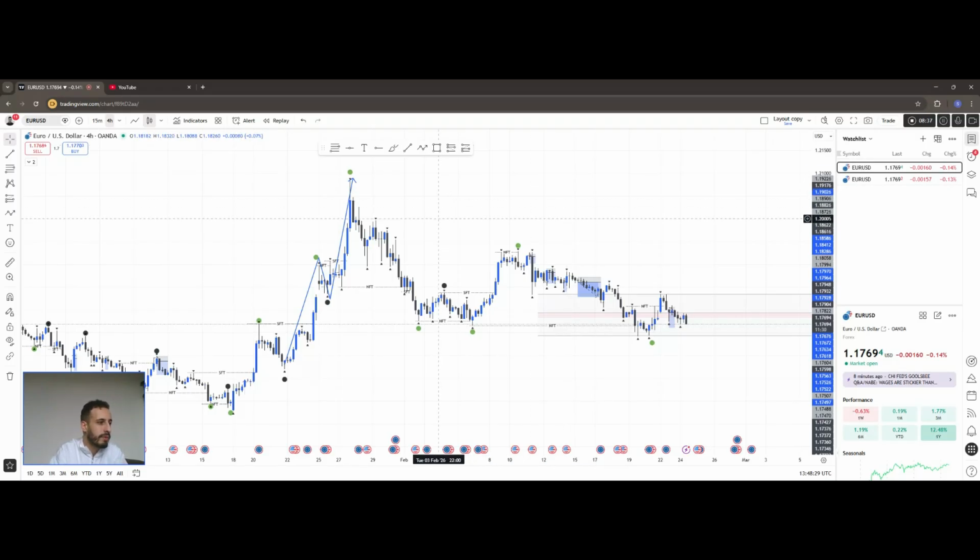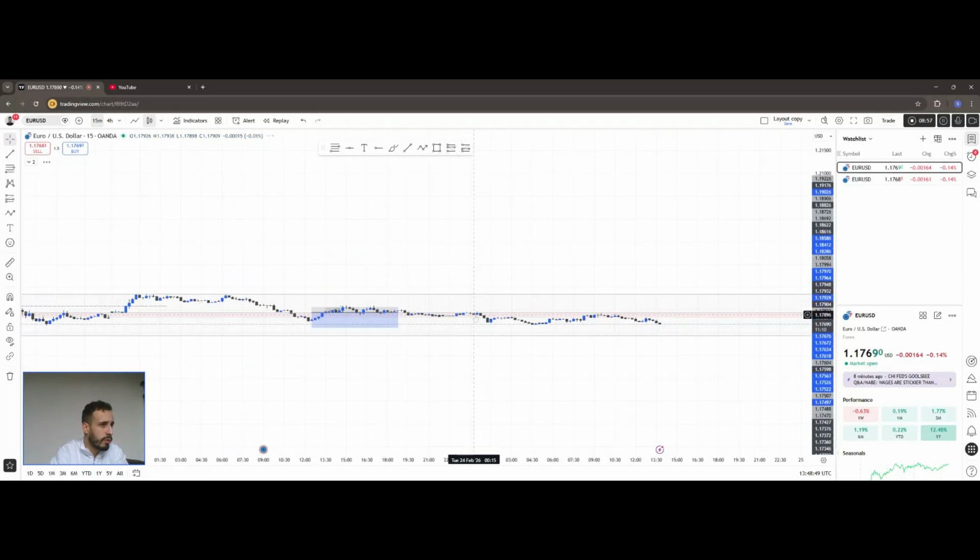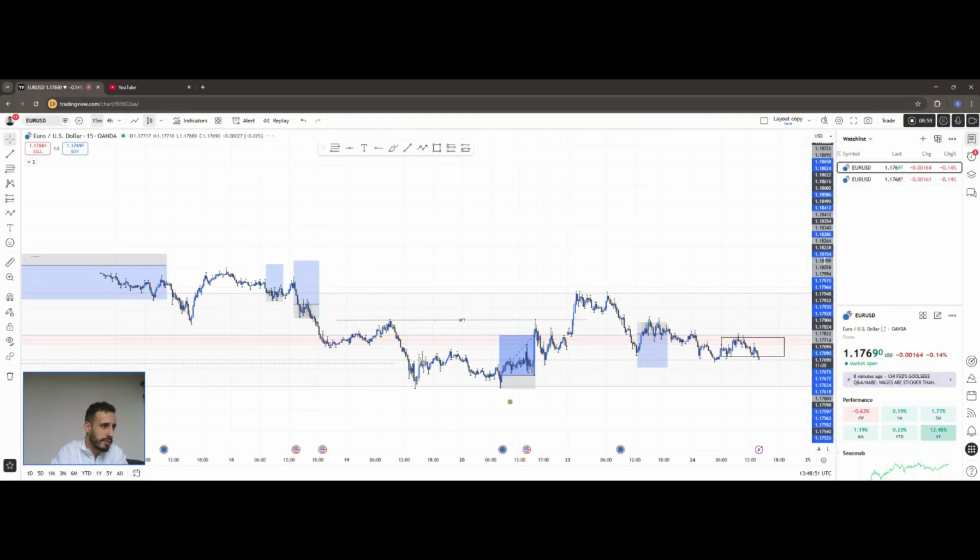So what happened here is basically me going, okay, we are looking for buys. We're not looking for sells because I'm not considering this level a very strong level for me to base my setup on. So what I've done is I moved on. I started looking for buys.